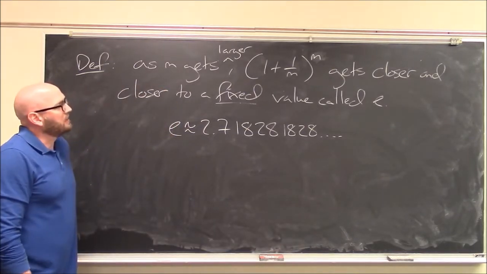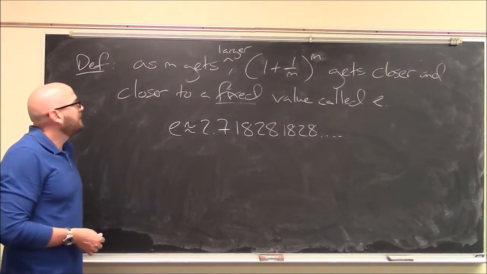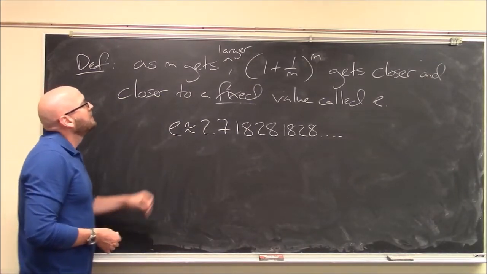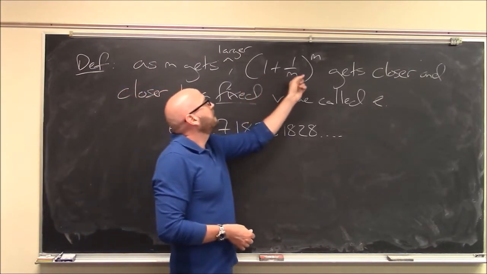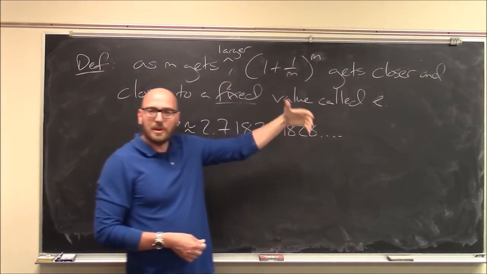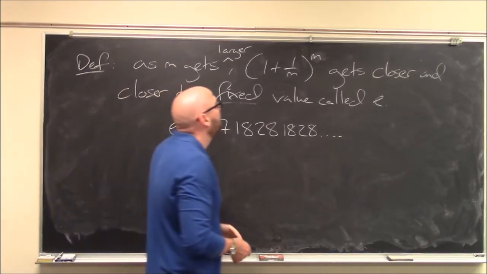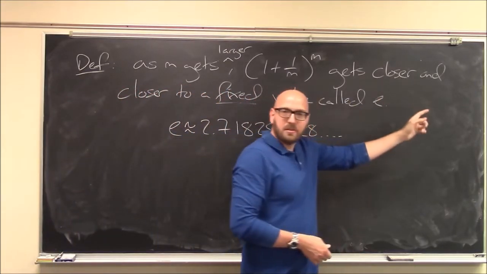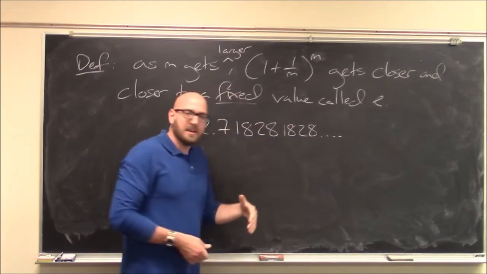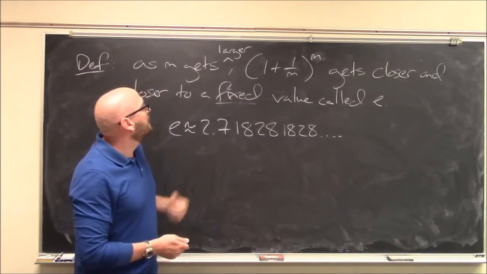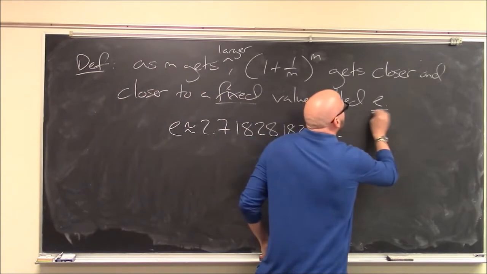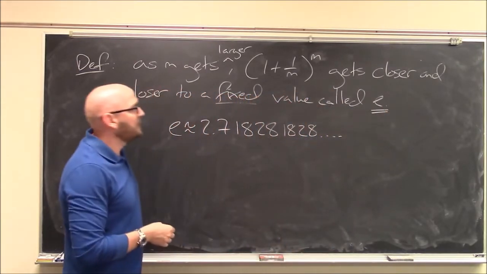Compute that value for as many values of m as you want, but as m gets larger, you'll find that this expression isn't blowing up. It's not getting larger and larger forever. It's actually getting closer and closer to a fixed value, and that number we call e. It's a very special number.